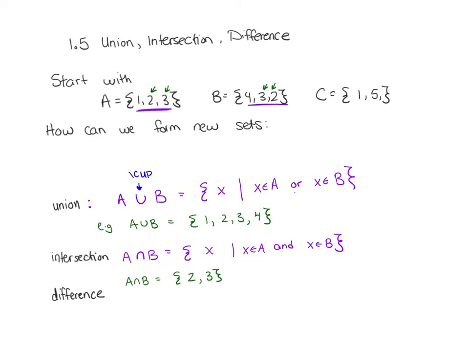The tech command for this one is \cap. The cap sort of caps something off. The cup is the one that faces up. So here's a little memory technique for intersection and union. The union one kind of looks like the letter U, so that can help us remember that that's the union. That's the way I remember it.